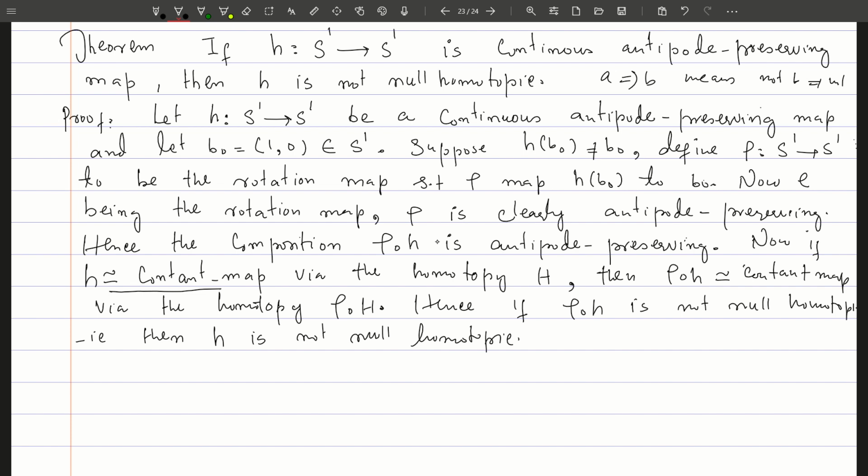Now, the special thing about this rho H is that it preserves B naught, i.e., rho of H of B naught is the same as B naught.